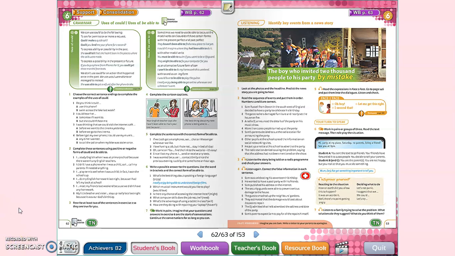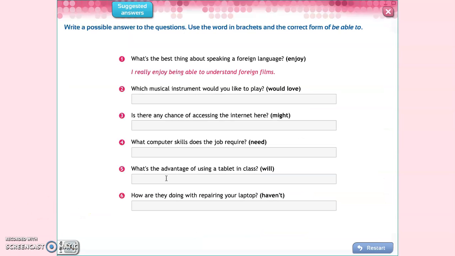Okay, so we go directly to exercise number 6. And the instructions say, write a possible answer to the questions, use the word in brackets and the correct form of be able to. Okay, so which musical instrument would you like to play? I'd love to be able to play the saxophone.